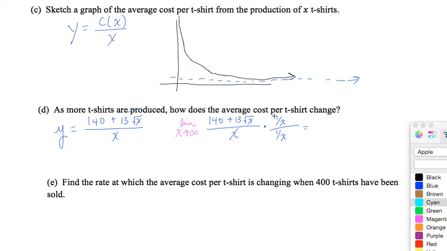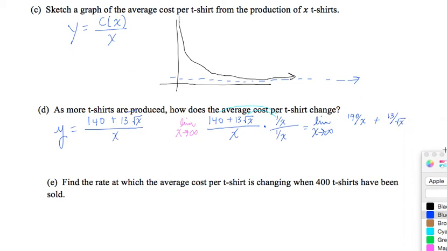When we distribute this out, you may be able to see that now too. We get the limit as x approaches infinity of 140 over x plus 13 root x divided by x, which simplifies to 13 over the square root of x. Both of those approach 0.